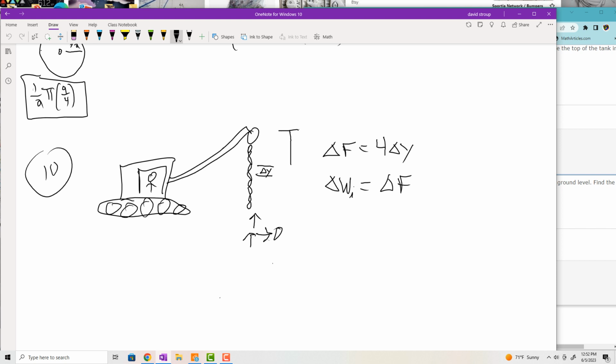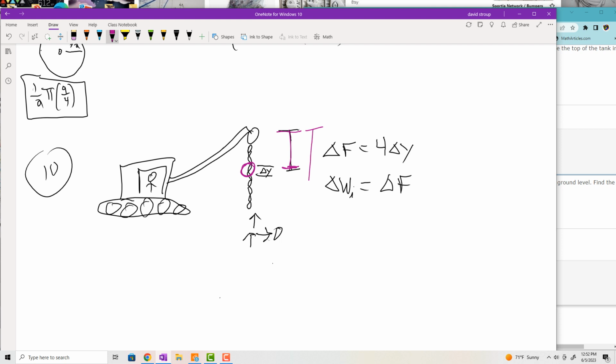The distance traveled in this case is the length each individual segment of chain has to travel in order to get wound up into the winch. That particular piece of chain that I circled needs to travel this distance here, and then after it gets wound up, you don't consider it as part of the picture anymore. So how far is it going to be traveling?